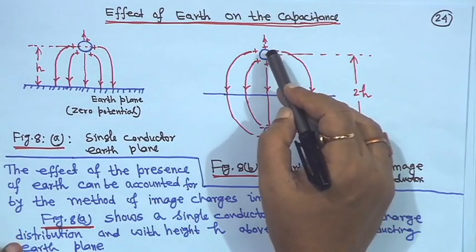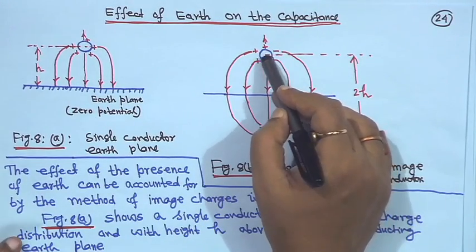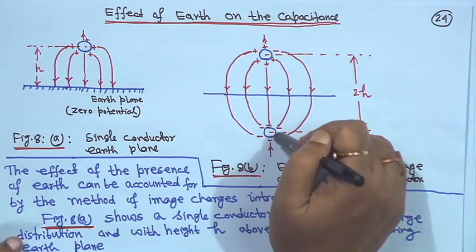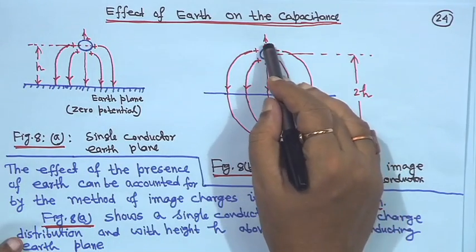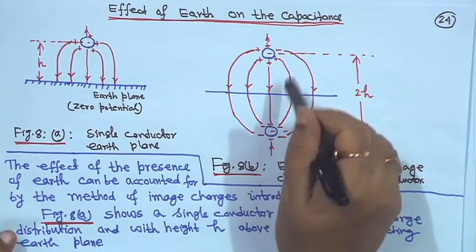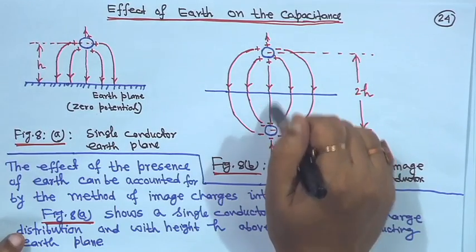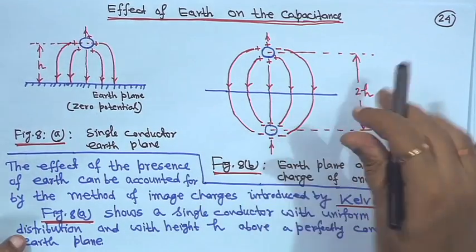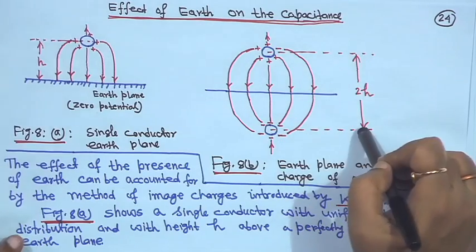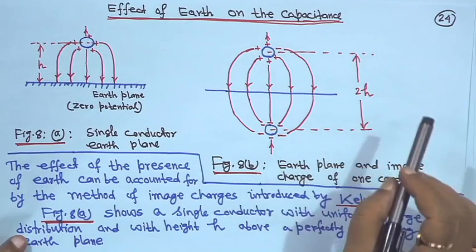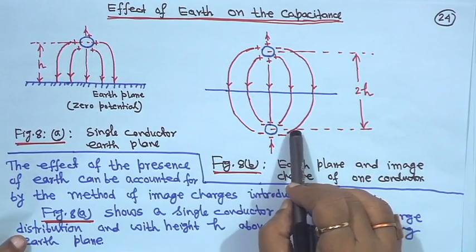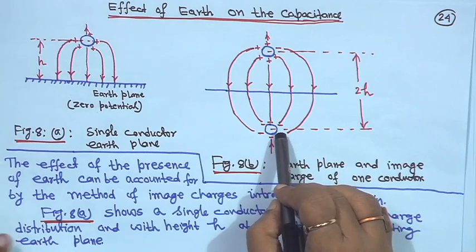Just suppose this is the charge q, then we take another image conductor whose charge will be minus q if this is plus q. If it is h from here to here, we will imagine that it is also below the ground at depth h. So, the total height from here to here is 2h, right, and this is the concept Kelvin introduced, right.